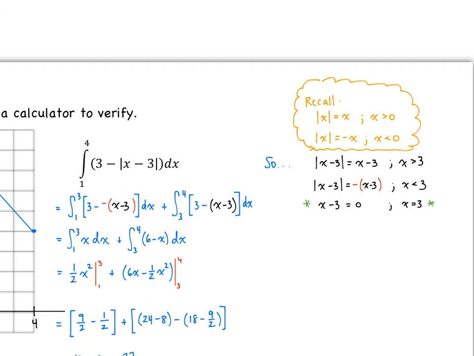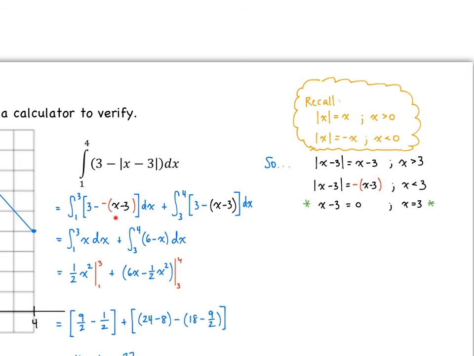Then we're going to add that, and we have to fill out the rest of our interval. So now our next integral is going to go from 3 to 4, and from 3 to 4, the absolute value of x minus 3 equals x minus 3, because x will be greater than 3 at this point. So now we have our two integrals that we can certainly clean up and integrate.